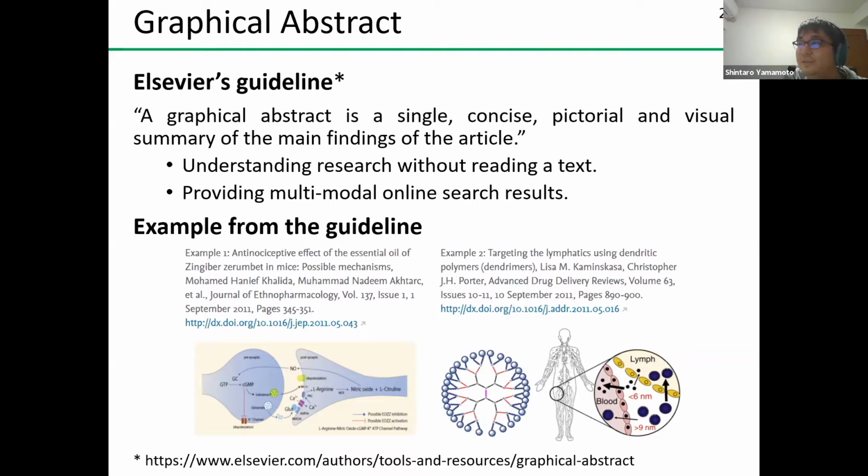According to the guideline of Elsevier, a graphical abstract is a single, concise, pictorial, and visual summary of the main findings of the article. So we can understand research without reading the text, and a graphical abstract can be used to provide multimodal online search results.